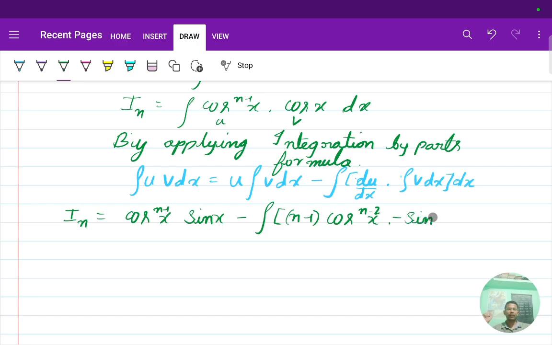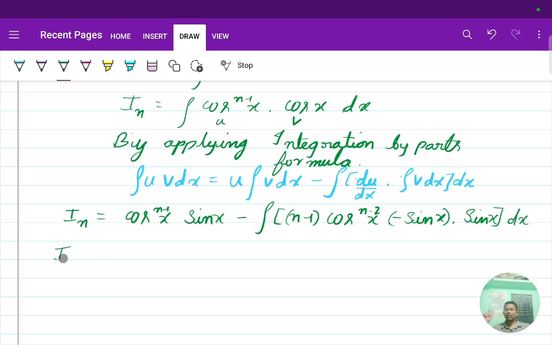Then we have integration of v, that is cos x. We already know that integration of cos x is sin x, so sin x dx.